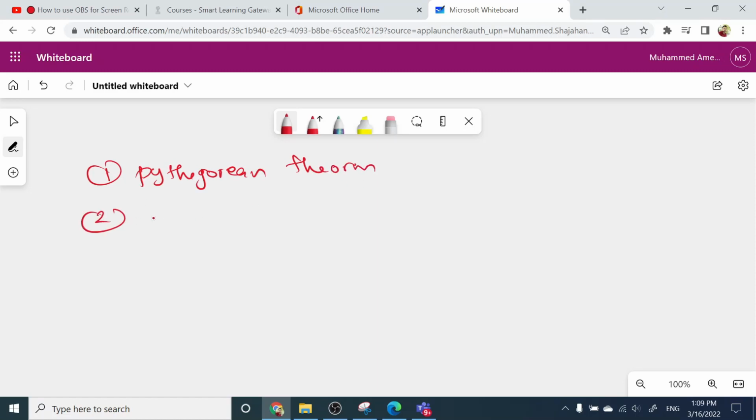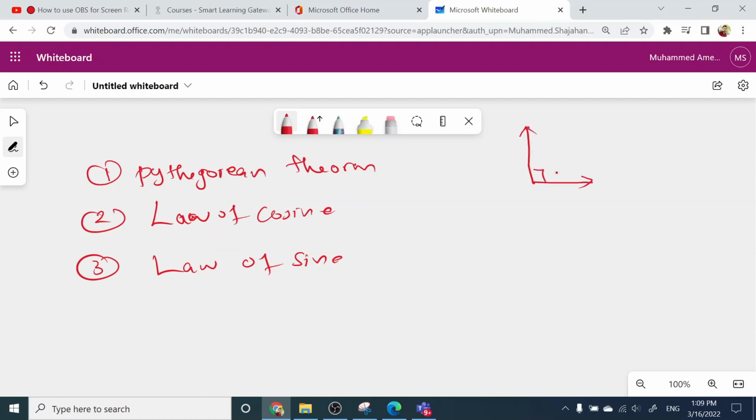Second is the law of cosine, and number 3 is the law of sine. So when do we use the Pythagorean theorem? We use it if two vectors are acting perpendicular to each other, meaning the angle between the two vectors is 90 degrees.